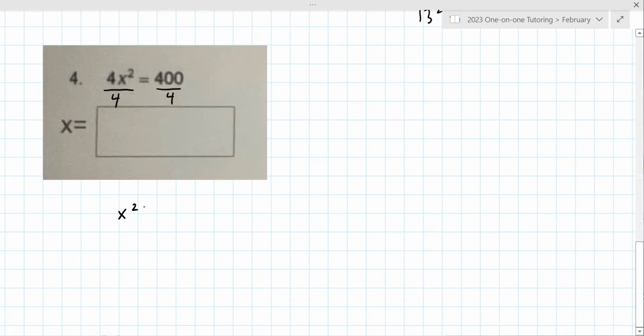So this gives you x squared equals 100. Now it's very similar to the previous problems we were doing. There are 2 answers. You take the square root of both sides. So x equals plus or minus 10.